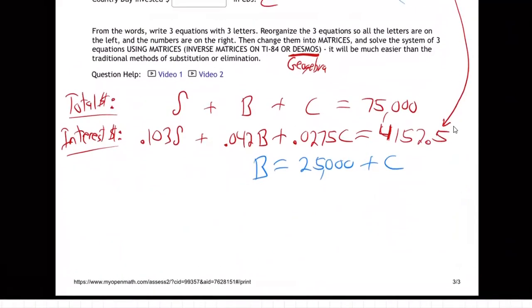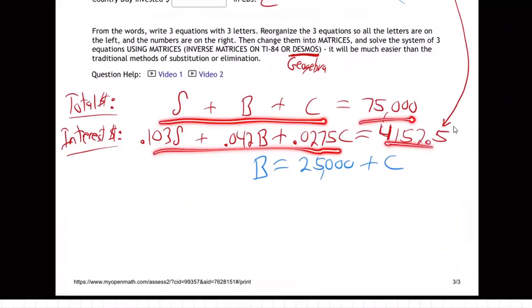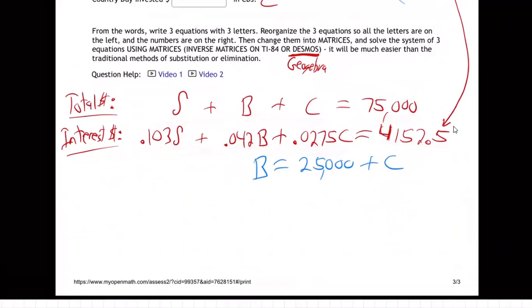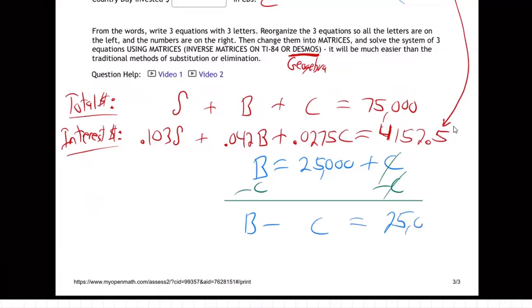Yeah, so now I'm going to have to reorder this. See how we have S, B, and C on the left, numbers on the right. So I'm going to have to reorder this. How do you do that? Well, you just subtract C from both sides, don't you? Boom, boom. And so you get what? B minus C is 25,000.